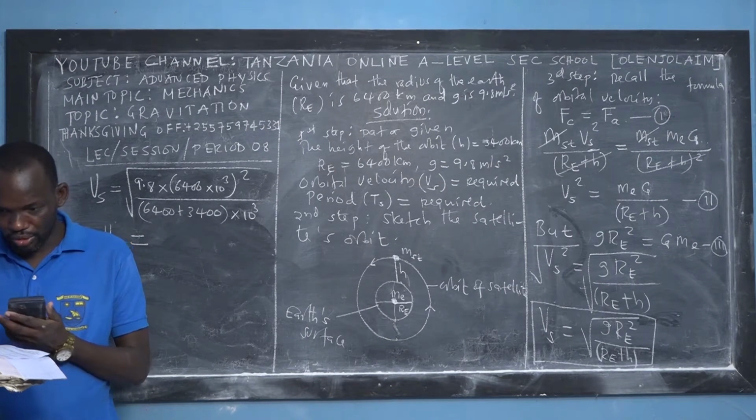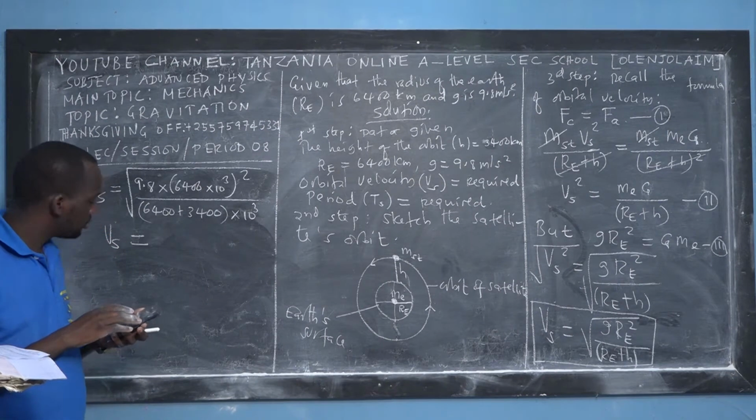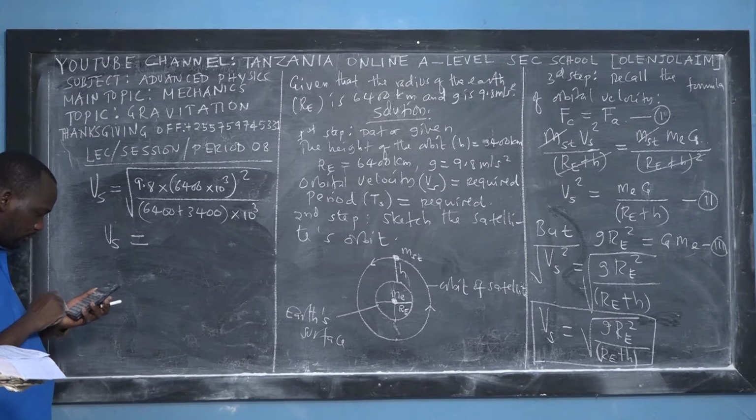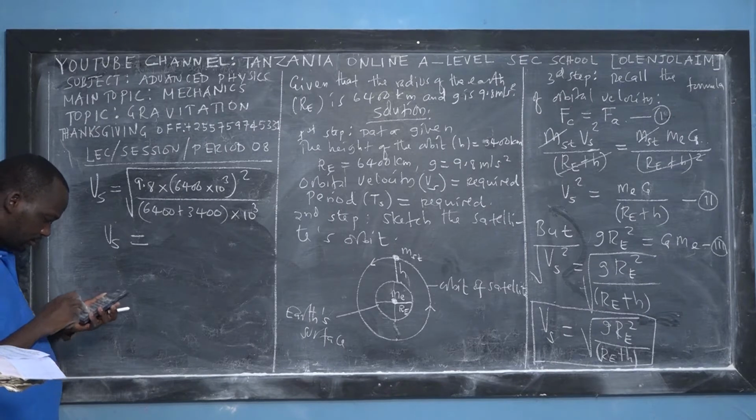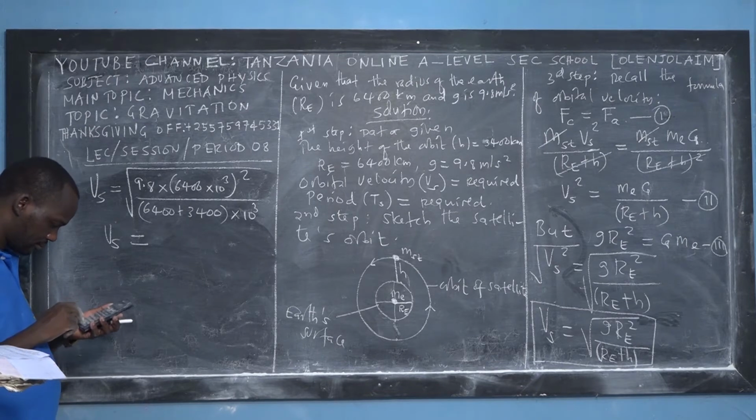We take 6400 times 1000, squared, multiplied by 9.8, divided by 9800 exponent 3.